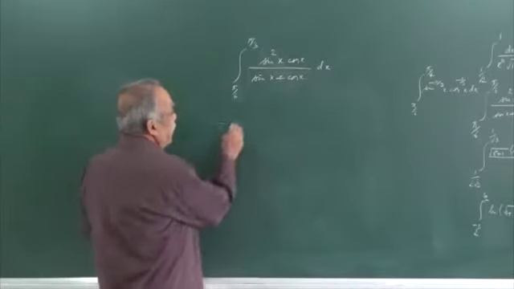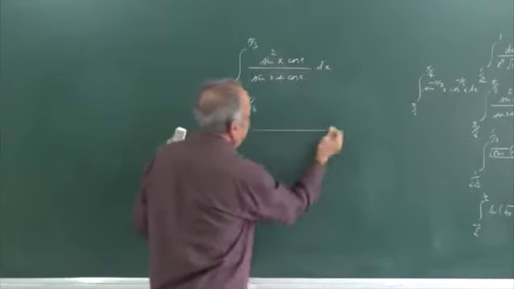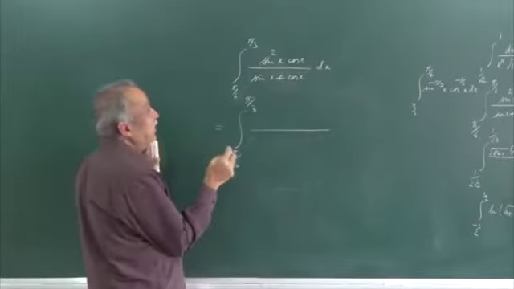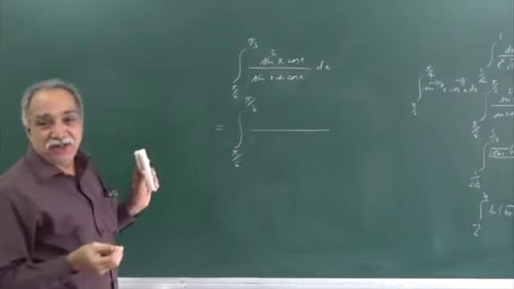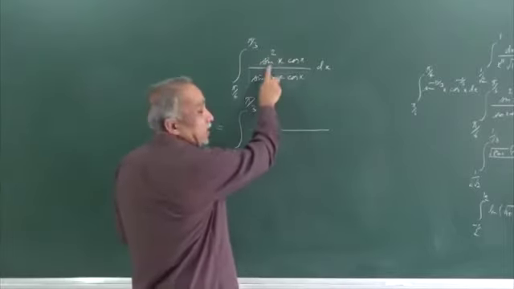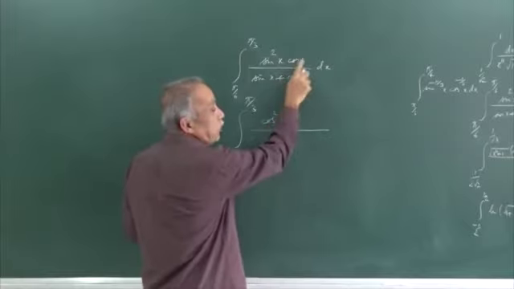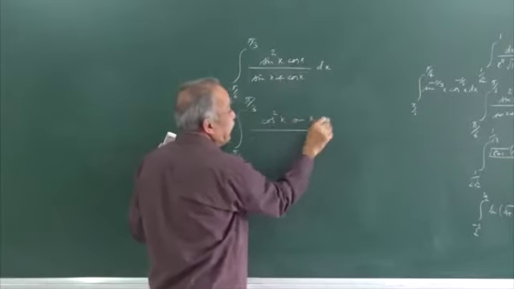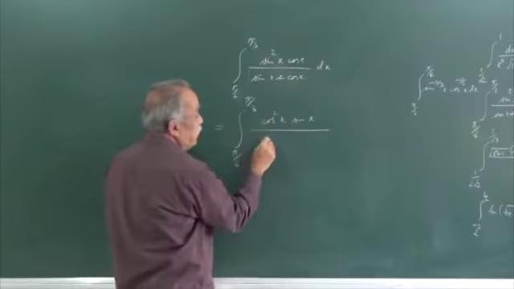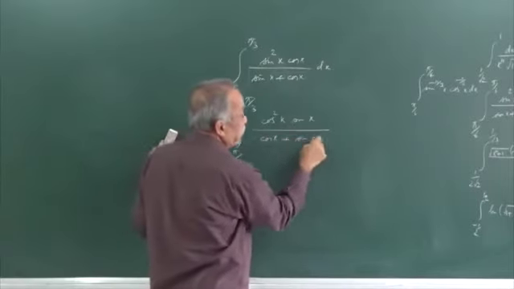If we apply that property, the integrand becomes integral pi by 6 to pi by 3, where x is getting replaced by a plus b minus x. A plus b minus x is simply pi by 2 minus x: sin square of pi by 2 minus x cos x, cos of pi by 2 minus x sin x, divided by sine of pi by 2 minus x cos x plus cos of pi by 2 minus x sin x dx.